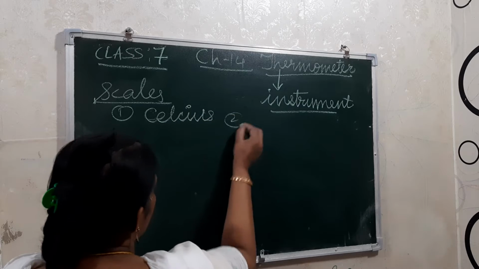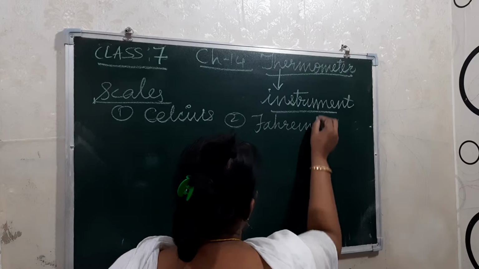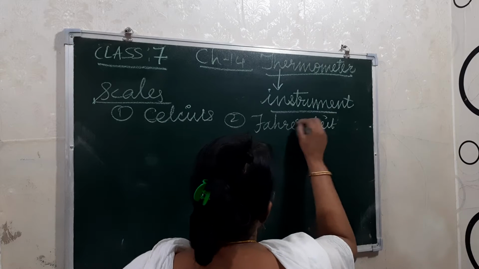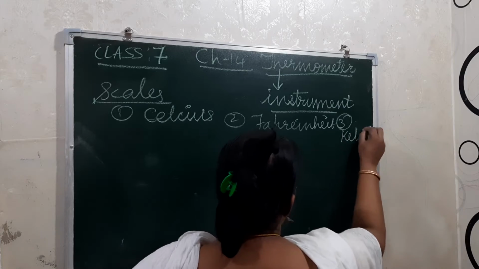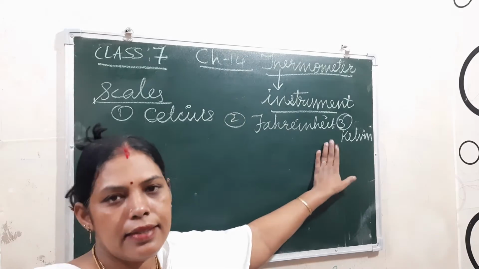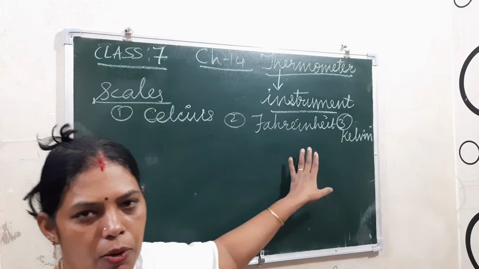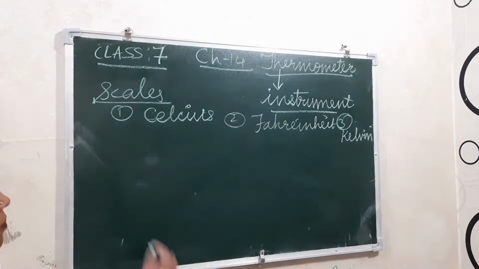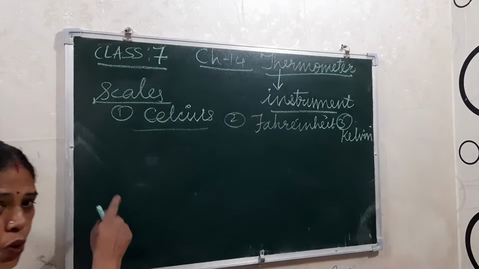Then the second one is Fahrenheit, and the third one is Kelvin. Okay, these are the different scales and these are the different thermometers also, like the clinical thermometer used in clinics.